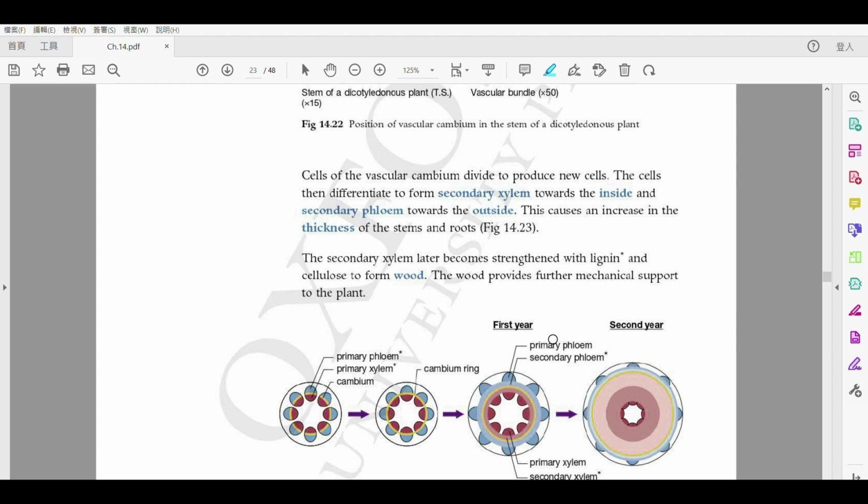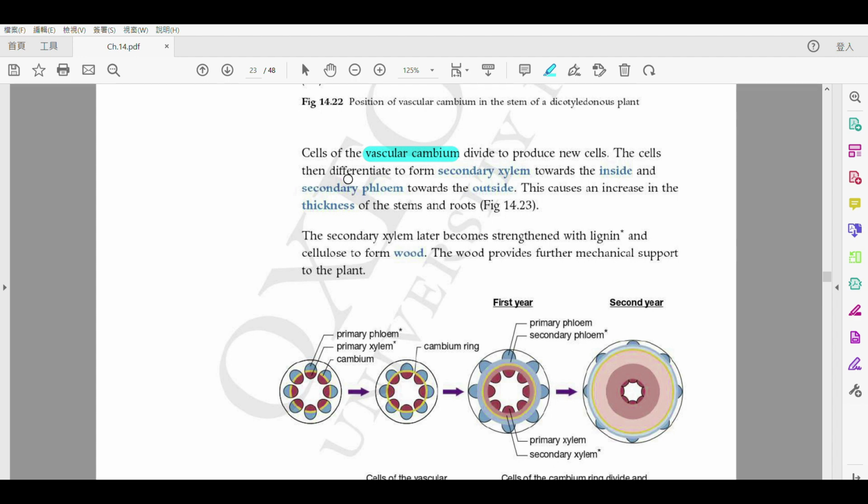So to talk about the secondary growth, we need to know, first of all, where the vascular cambium is. And this vascular cambium is just like the meristem. It will keep on dividing by mitosis. All right, and then the cells will differentiate into different types of cells. So the new cells will be called secondary xylem or secondary phloem.